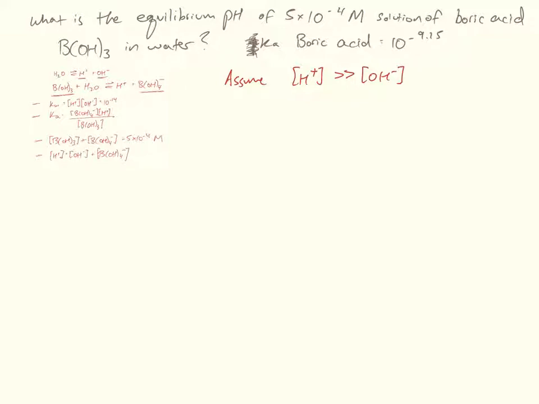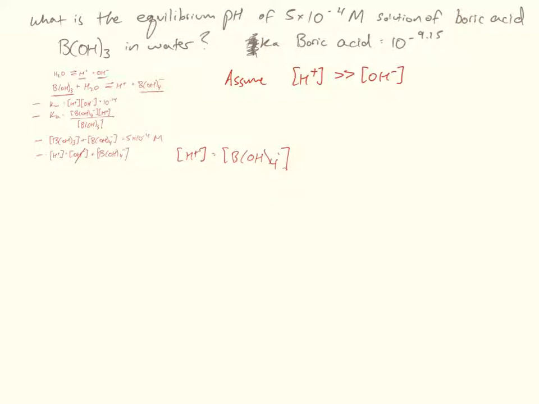So when we make that assumption, we can go back to our equations. First we go to the charge balance, and since H plus is so much greater than OH minus, that term basically goes away, and so we just wind up with H plus equals BOH4 minus.